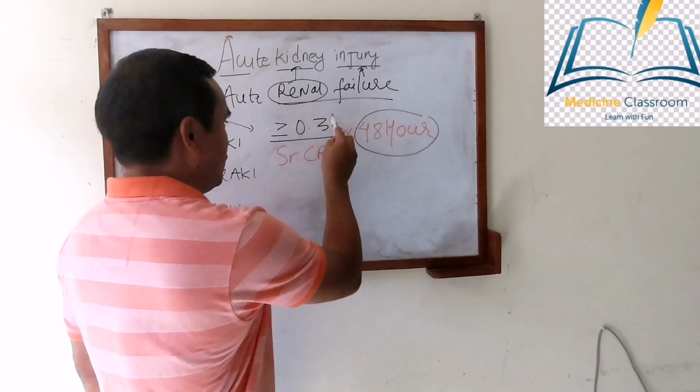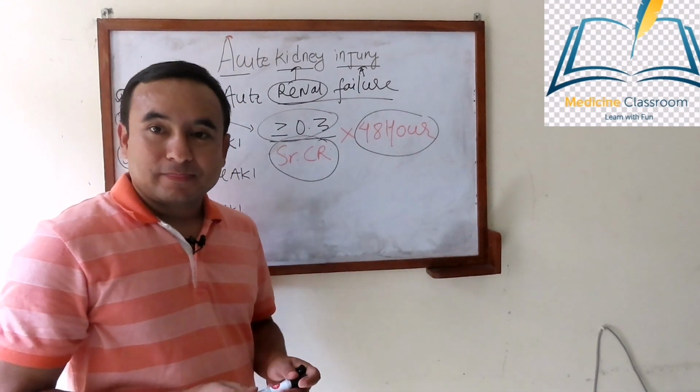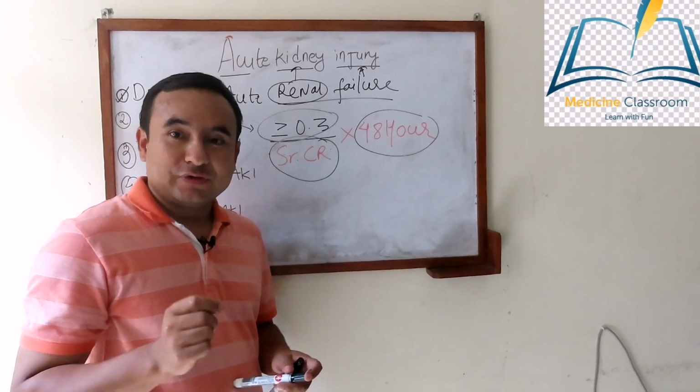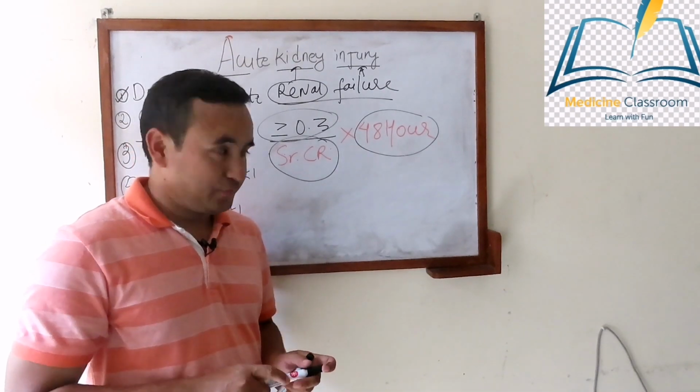Within 48 hours, more than 0.3 in serum creatinine. So that is acute kidney injury.